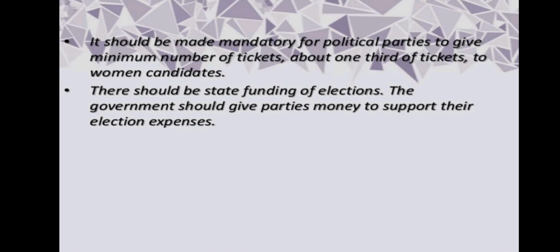It is compulsory for the political party to maintain a party register in which the names and details of the members should be there. And they should have their own constitution, and they have to follow that constitution.